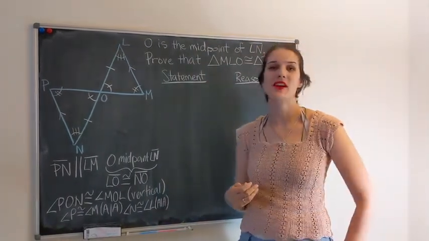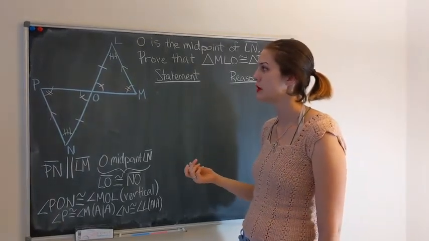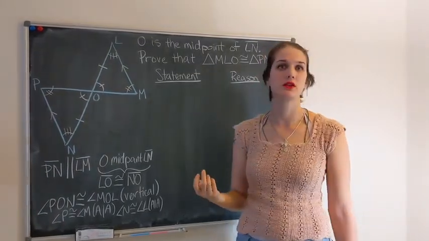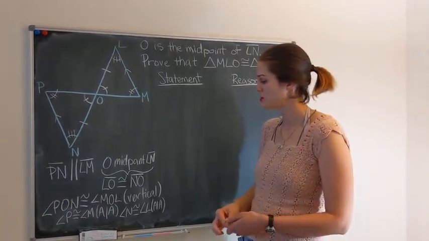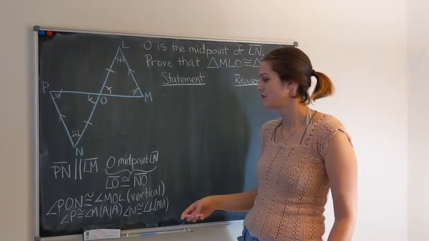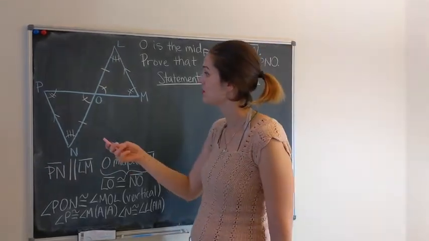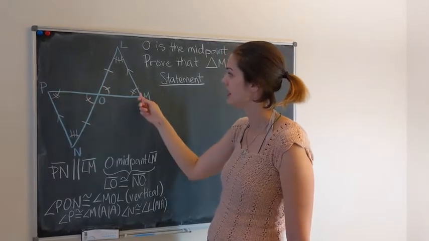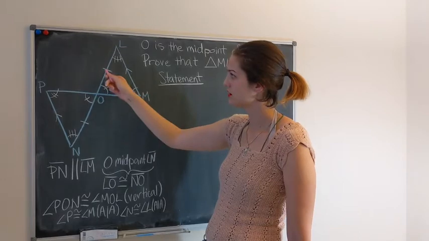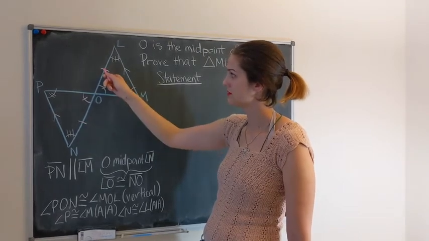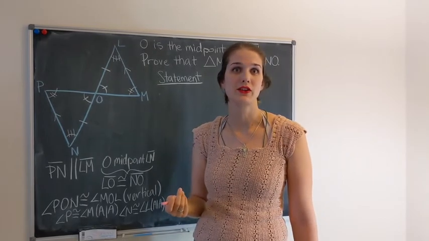Right, now I actually have more information than I need in order to prove that these two triangles are congruent. I only need two pairs of congruent angles and one pair of congruent sides. So which ones you pick just depends on which congruence criterion you want to use. If we keep P and M, which are not touching the side lengths that we know are congruent, then we'll be using an angle-angle side proof.